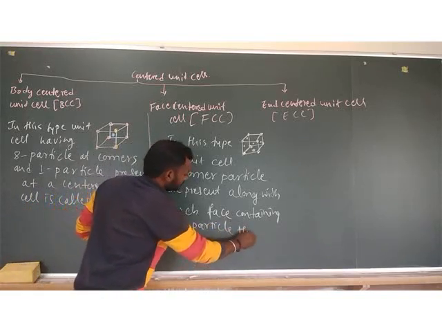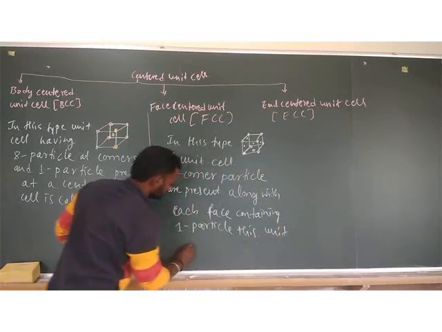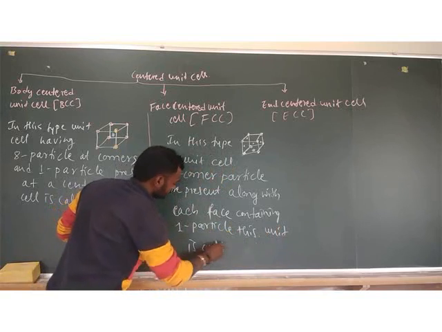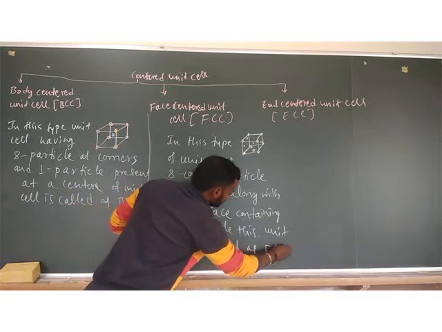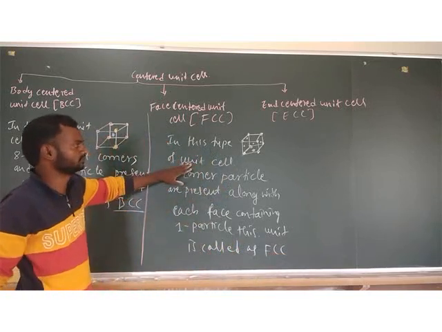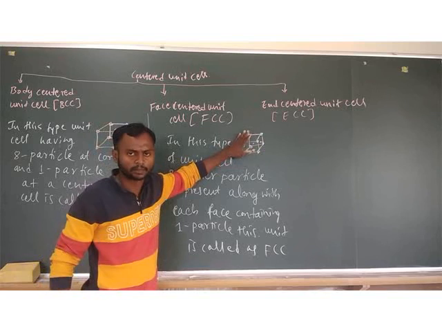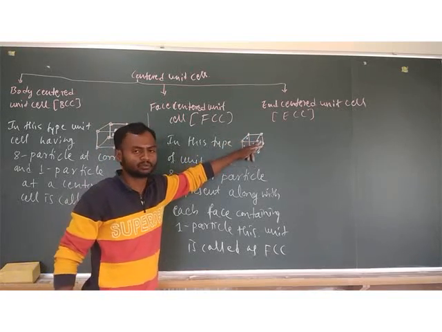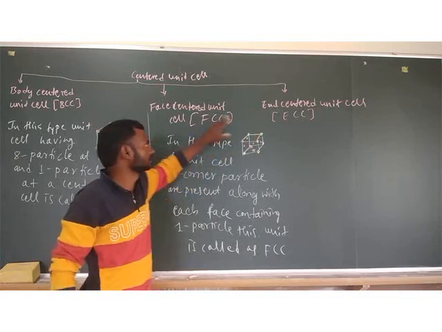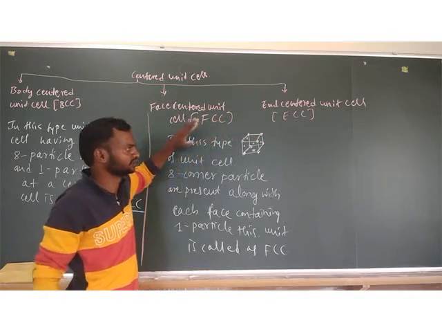So this type of unit cell is called FCC, face centered unit cell. Means there are 8 corner points, 8 constituent particles, along with this, each face containing one particle. So this is called a face centered unit cell.